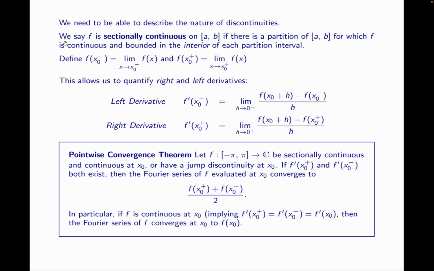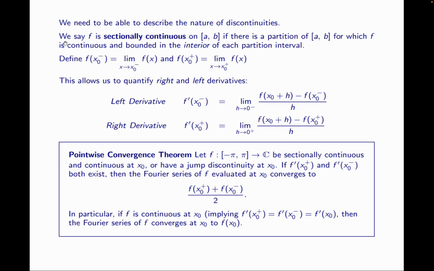So the pointwise convergence theorem says if f is sectionally continuous, which our previous example was, and continuous at some x naught, or has a jump discontinuity at x naught, then if the left and right derivative both exist, now they don't have to equal each other, but if they both exist, then the Fourier series of f evaluated at x naught converges to the average of f at x naught positive and f at x naught negative.